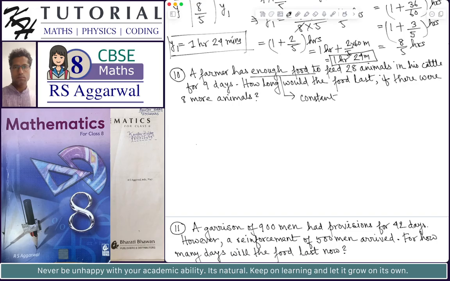Remember that in men and provisions problems, the amount of provisions is constant. If the amount of provisions is constant, then the number of men and the number of days that the provisions last are inversely proportional. So this is the constant provision.